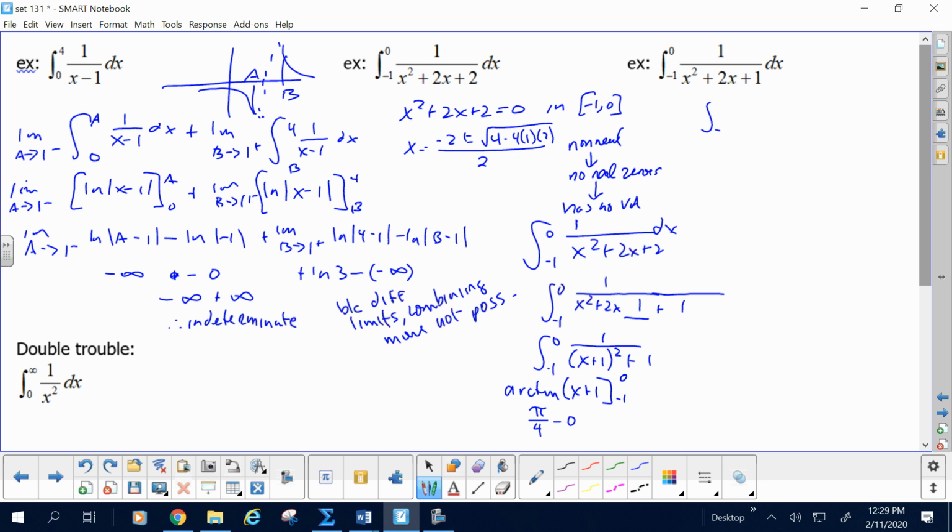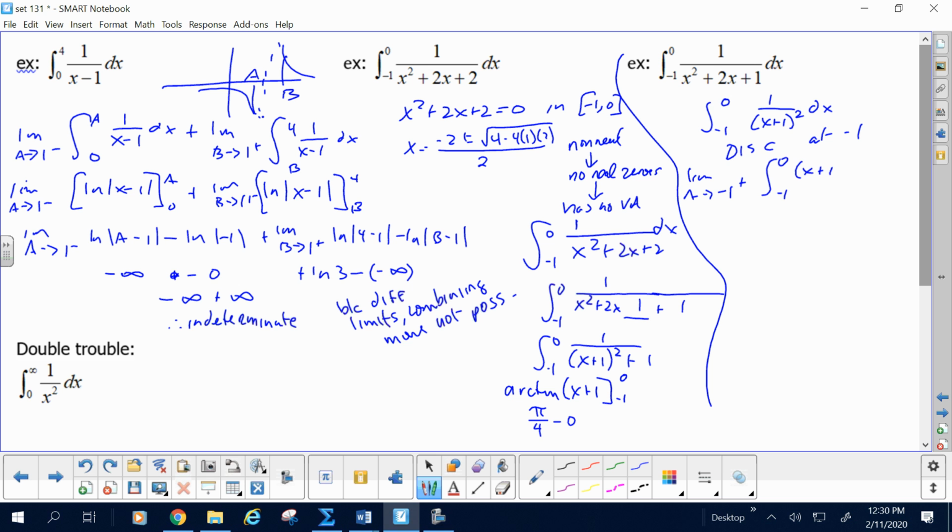Factor. It does factor, and factoring makes it a little more obvious where the asymptote is. This definitely has a discontinuity at negative 1. So this is a left endpoint kind of case. Give me the limit statement: the limit as a goes to negative 1 from the right of the integral from a to 0 of x plus 1 to the negative second.